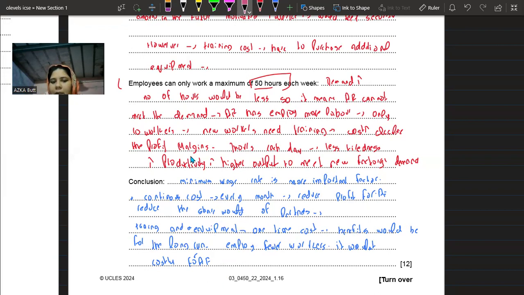Also I would suggest that 50 hours each week would not be more problematic for the AF, because we are already working 40 hours. It is very rare that we have to work for 60 hours, so this would not be that much affected. So the minimum wage rate, in my point of view, would affect the AF more.